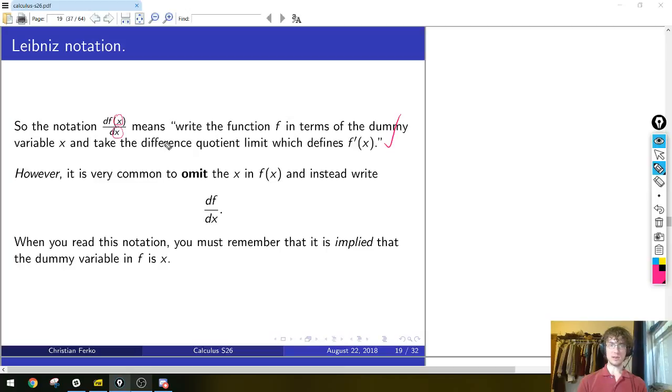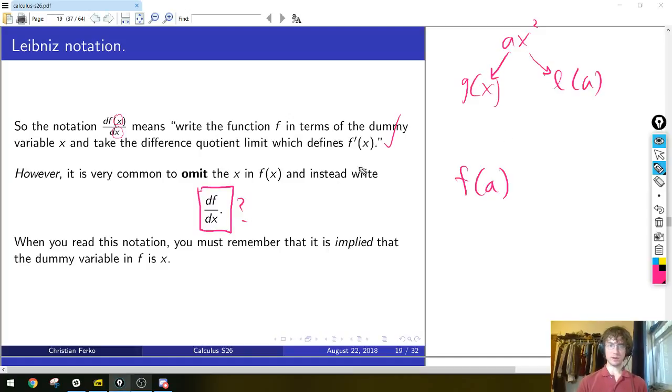However, by convention, people often write df dx. So strictly speaking, this is ambiguous, because if f were a function of a, for instance, like in that previous example where we considered ax squared in two different ways, one as a function L of a, and second as a function g of x.